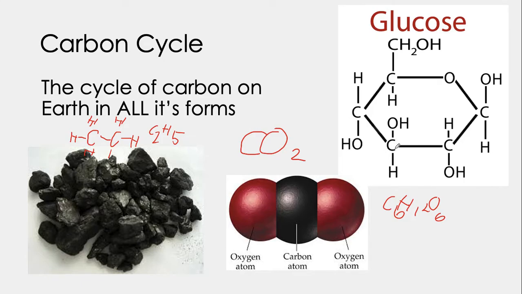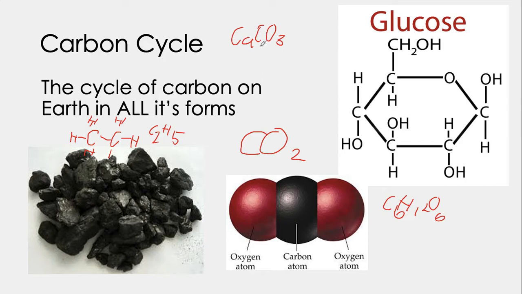So a little carbon atom can be part of a glucose molecule, it could be part of carbon dioxide molecule, it could be part of an alkane within petroleum or coal, or it could be part of a protein, or it could be part of a fat.